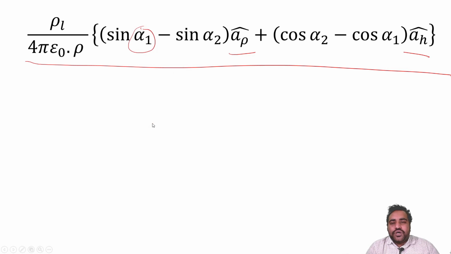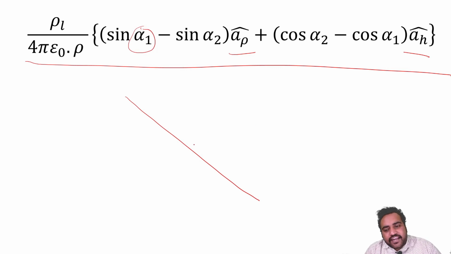So don't you worry about them, because physically speaking, if you have a line, for example, in this direction, clearly it is not a z cap or a h cap. What you mean by a rho cap is a vector which is perpendicular to this.